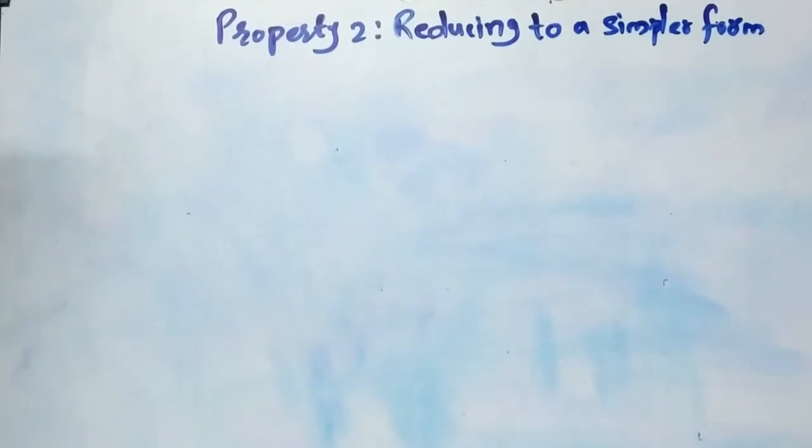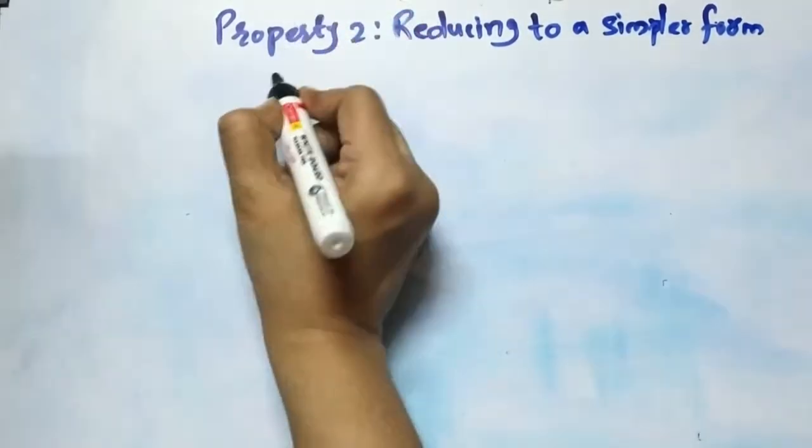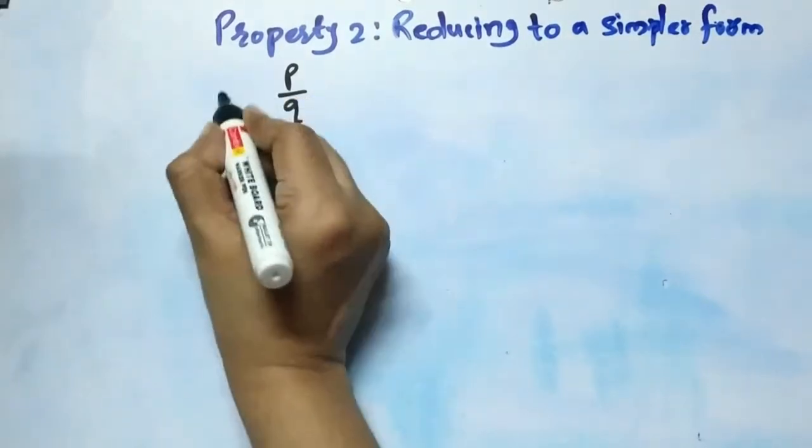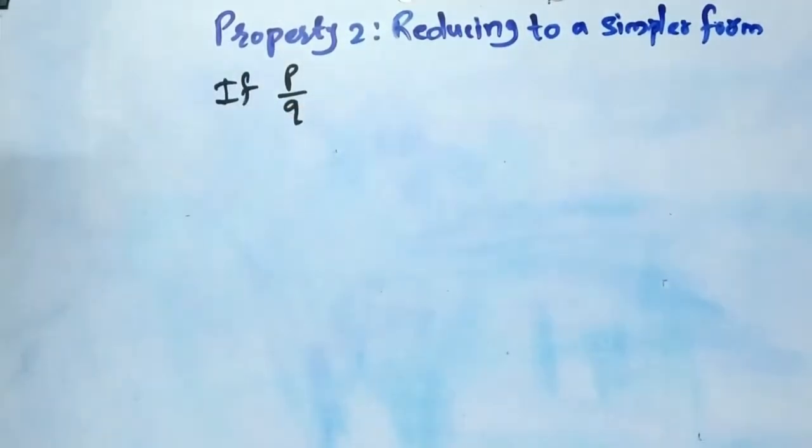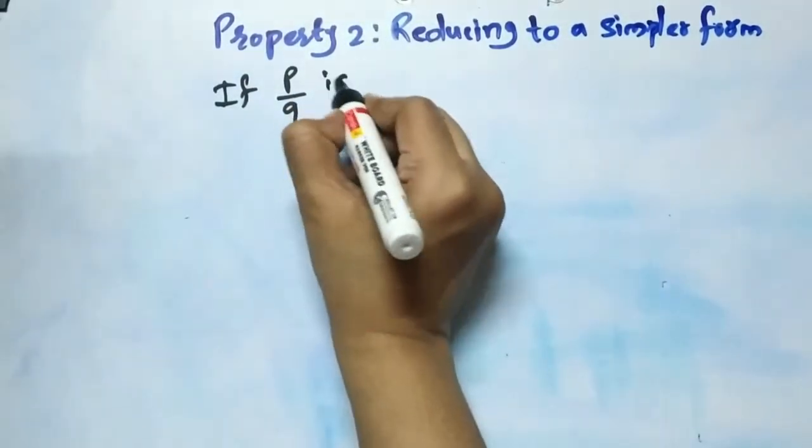Now we are having property number 2 of rational numbers, that is reducing to a simpler form. So friends, suppose you are having any rational number, say p by q.